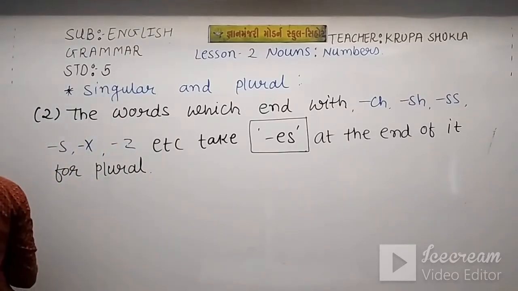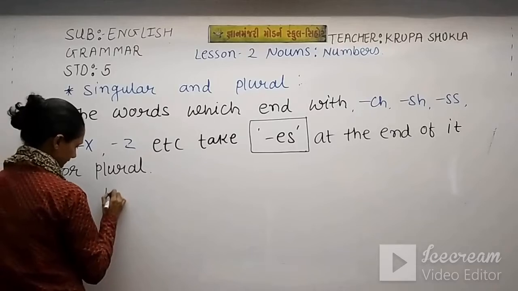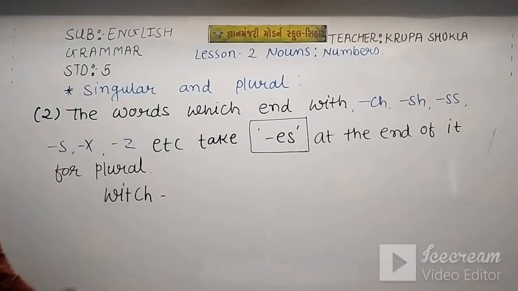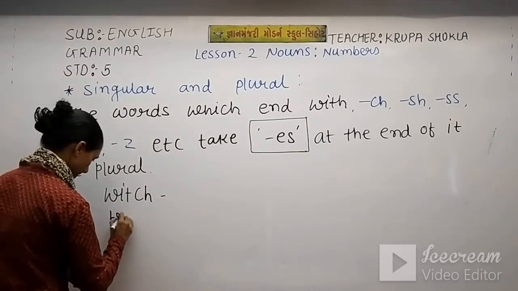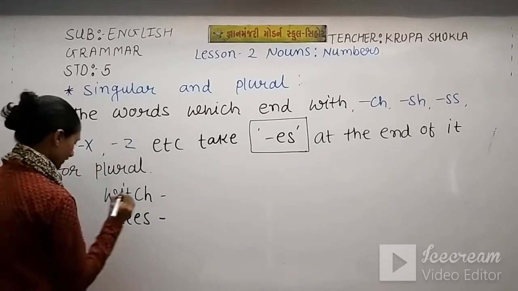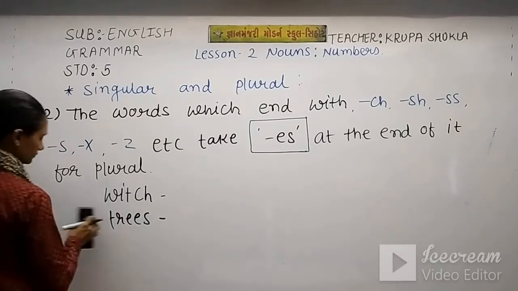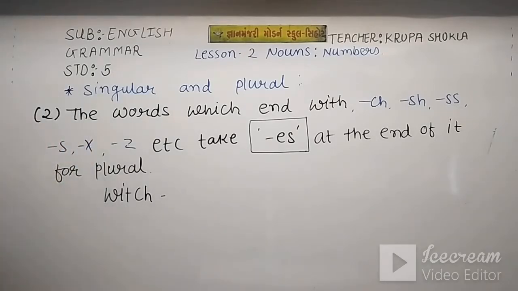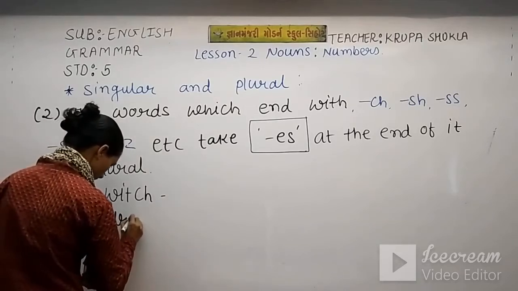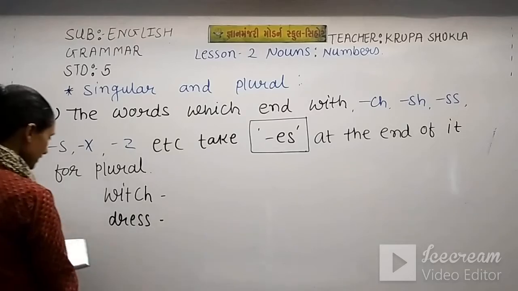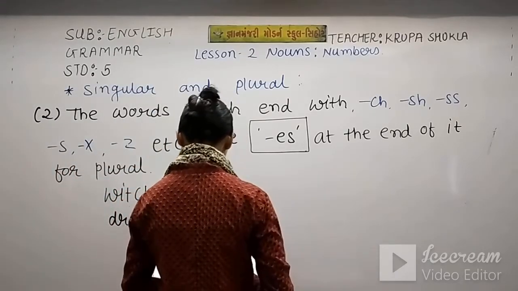So the examples, first I will write. First is witch, dress. Another examples, I'll give you more examples than in your book.